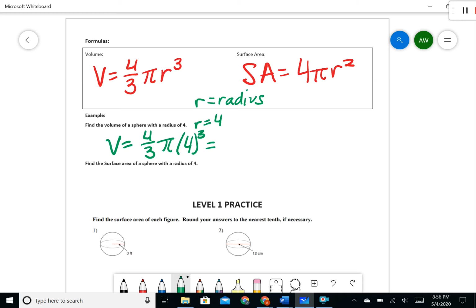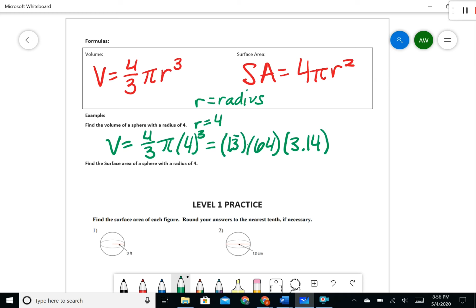And if I do 4 times 4 times 4, I get 64. So really it's 4/3 times 64 times pi. Remember that pi is actually 3.14. And if we put 4 divided by 3 into our calculator, we get 1.3 repeating.